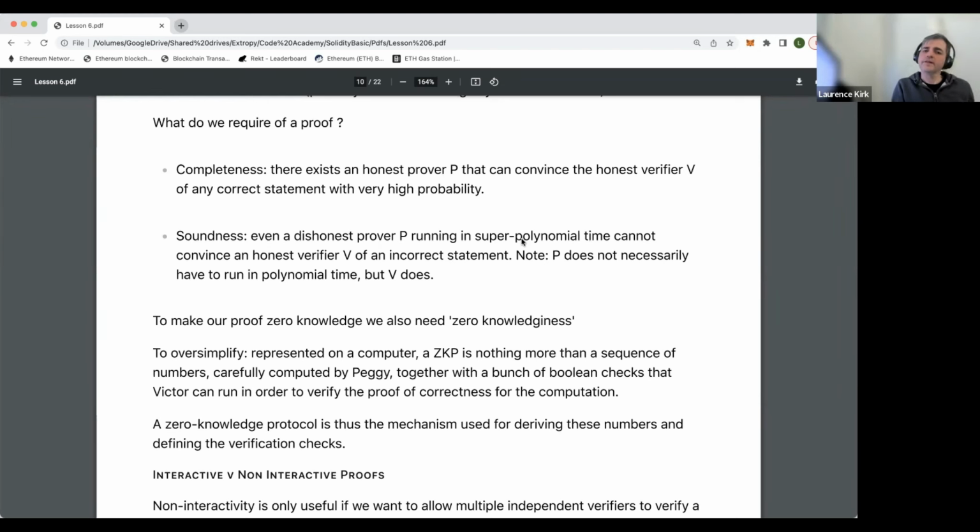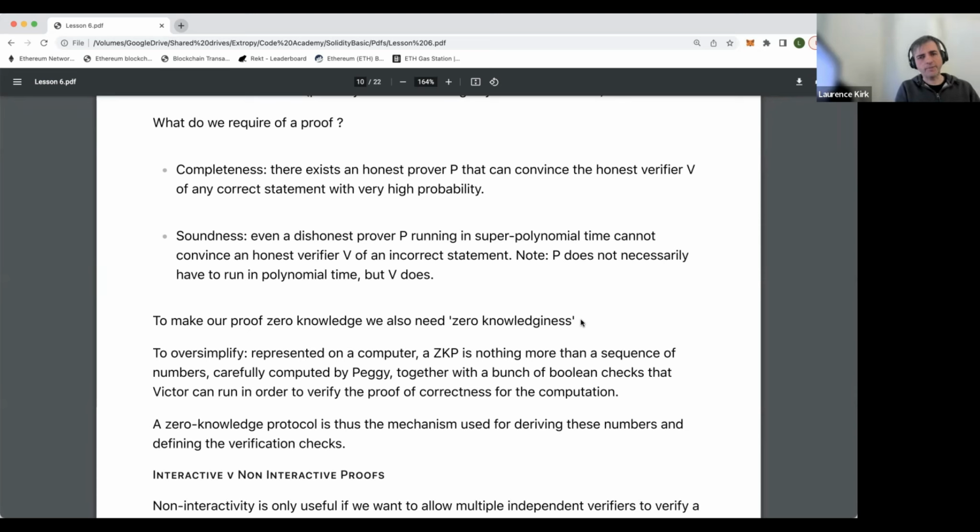Okay. The second aspect that zero knowledge proofs have to have is this thing called soundness. I've written this as an exact statement from the mathematical point of view, but you don't have to worry about all of the terminology here. It's saying that if you have a dishonest prover, they will not be able to convince an honest verifier of an incorrect proof.